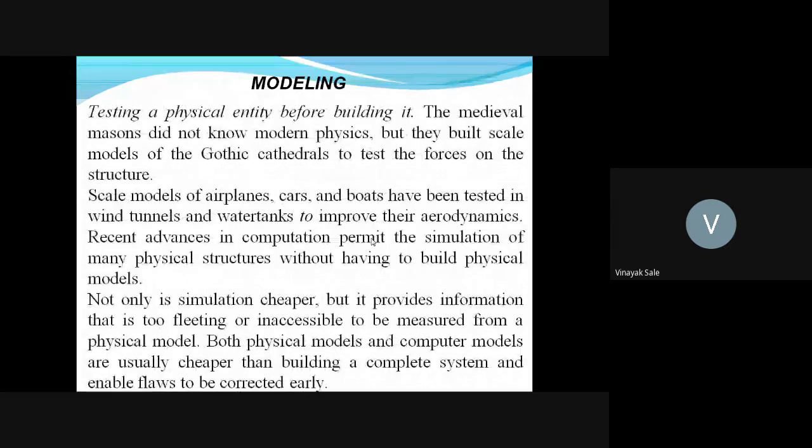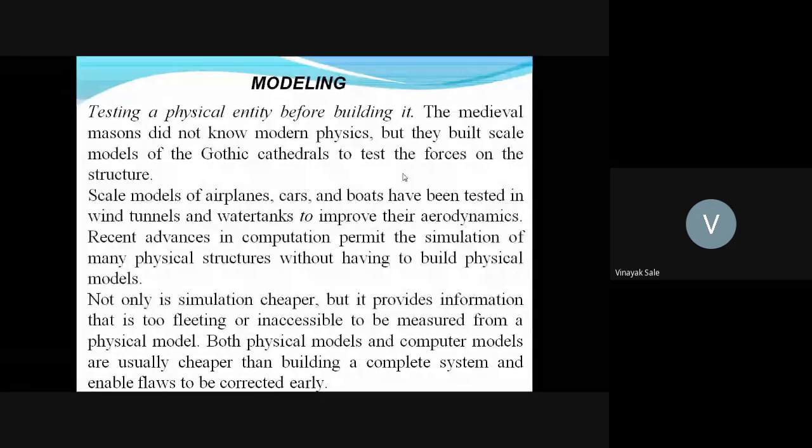The first purpose is testing a physical entity before building it. The medieval masons did not know modern physics, but they built scale models of Gothic cathedrals to test the forces on the structure.